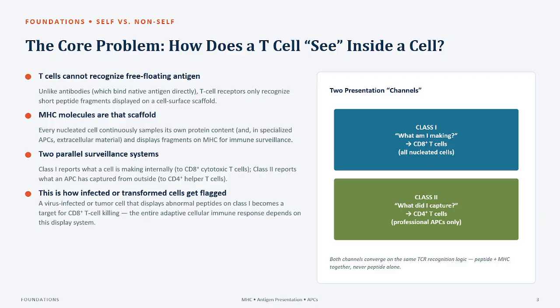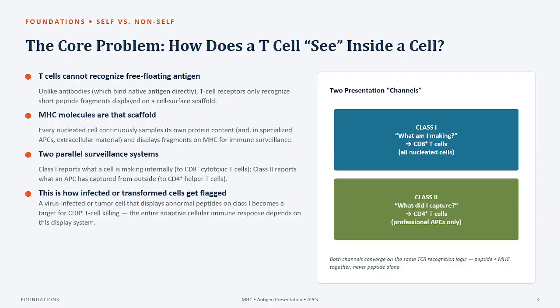There are two parallel surveillance systems. Class 1 reports what a cell is making internally, and class 2 reports what an APC has captured from outside. This is how infected or transformed cells get flagged. A virus infected or tumor cell that displays abnormal peptides on class 1 becomes a target of CD8 plus T cell killing.